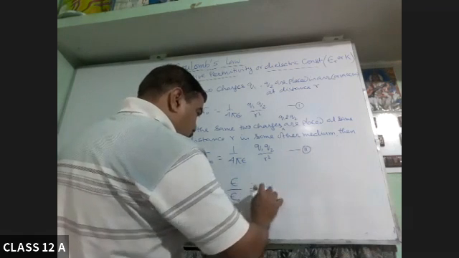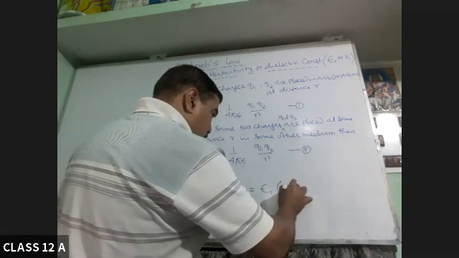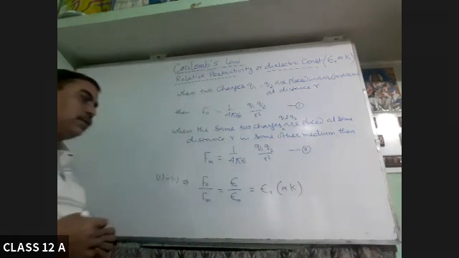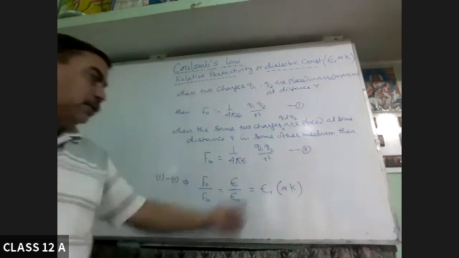This ratio we call epsilon R, or K, the dielectric constant. So how do we define this epsilon R?